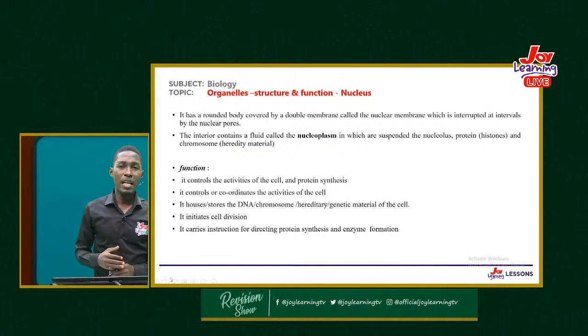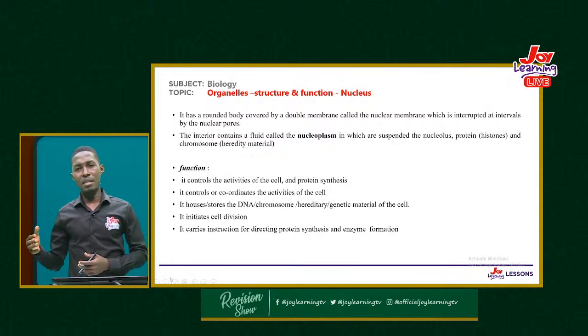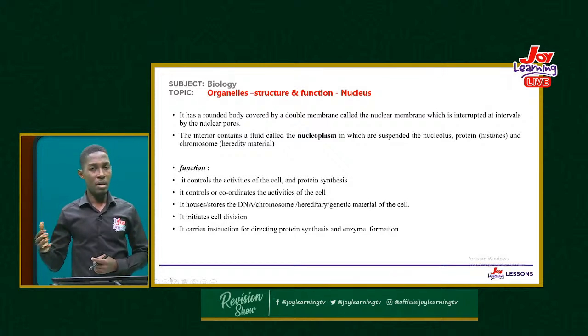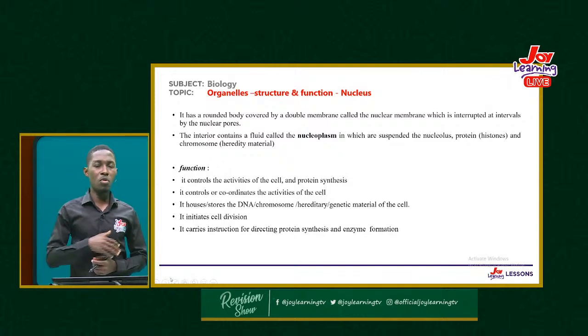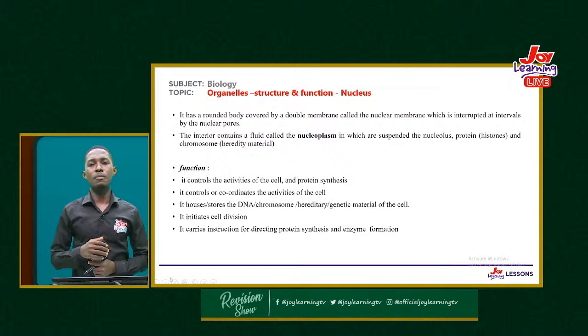When we say it controls the activity of the cell, all that we are trying to say is that the DNA will send something in the form of mRNA, which comes to the ribosome, and they make proteins. The proteins may be used to make enzymes, hormones, whatever they want to send out. Or some are left within the cell to also undertake certain functions.